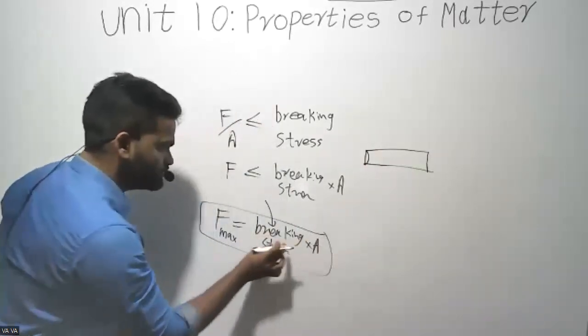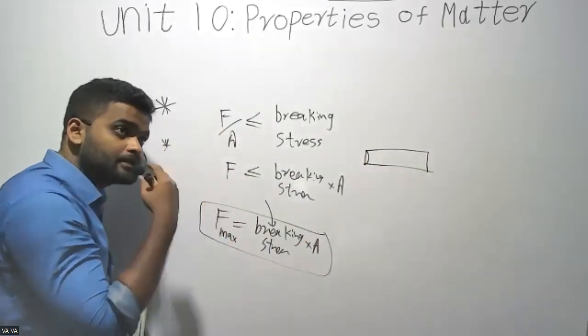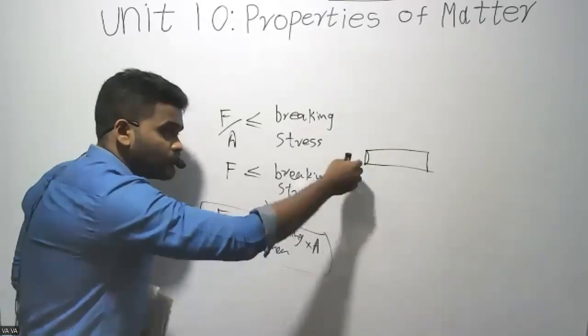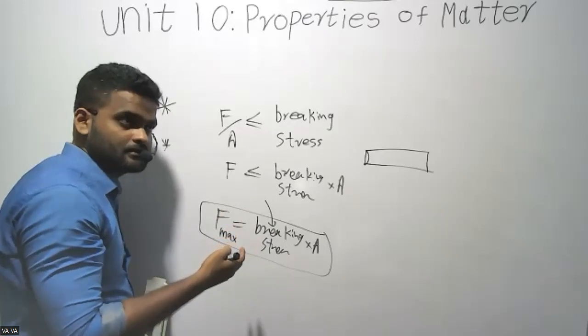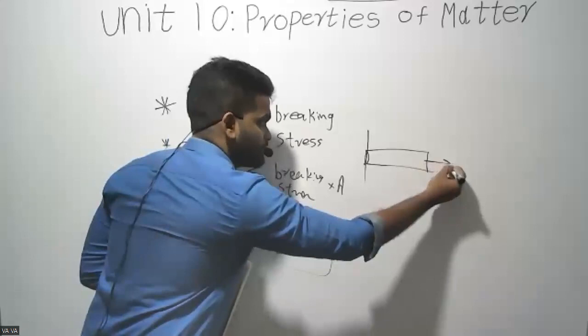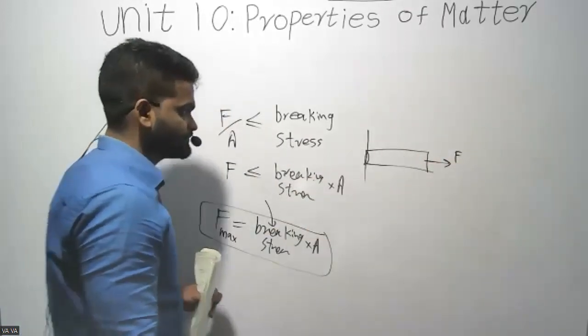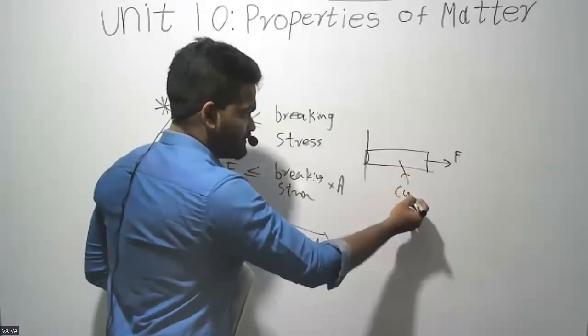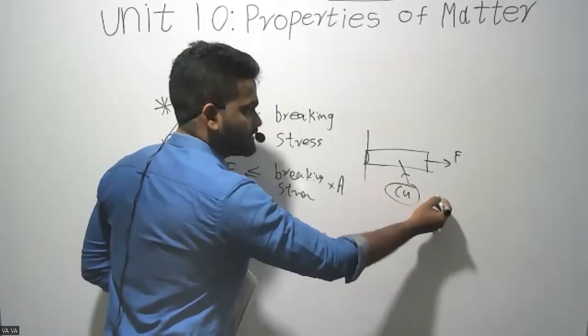Those two decide the maximum force that can be applied to the rod or wire without breaking it, right? So what matters is what that rod is made of and the cross section.